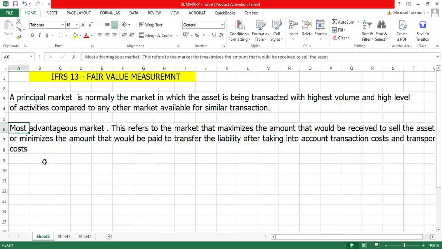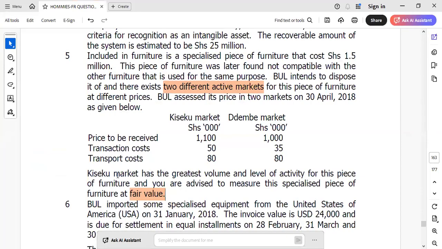Okay, so basing on this highlight, from this question we have here, you are told that the CPA market has the greatest volume and level of activity for this piece of furniture.